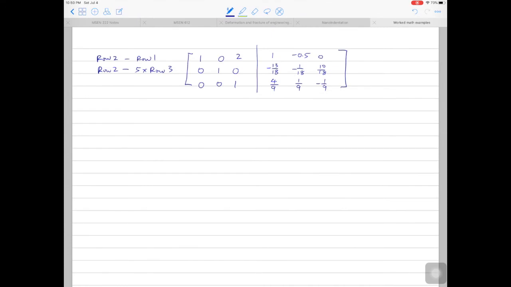Up till now, you can see the matrix on the left looks similar to the identity matrix already. The last entry to get rid of is this one. What we can do is to use row 1 minus 2 times row 3. What we have is the following.